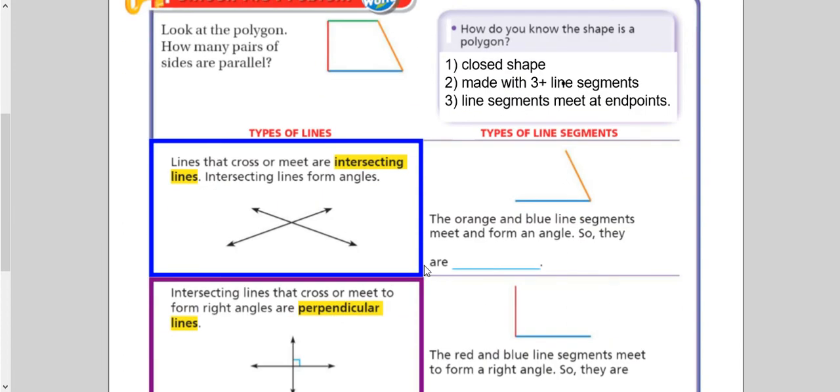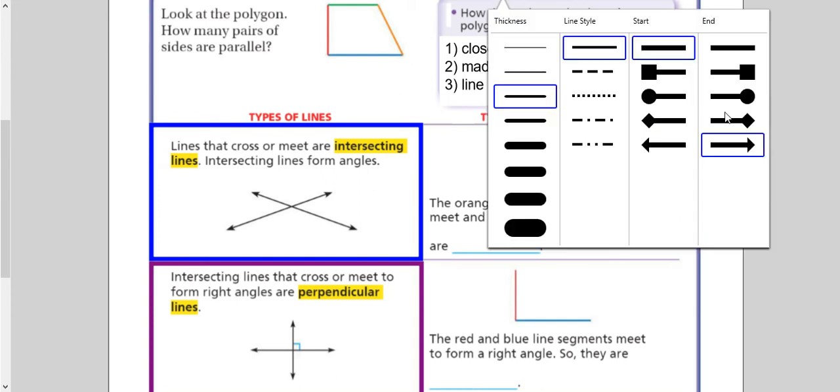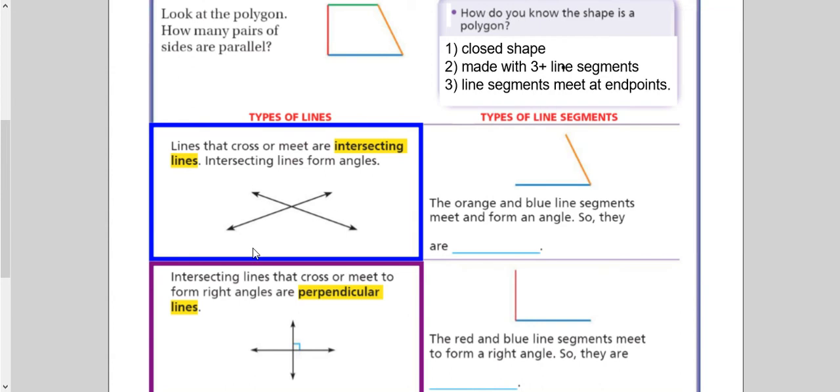Now, let's take a look at some different types of lines. All right. Lines that cross or meet are called intersecting lines. Intersecting lines form angles. So right here on this one, when we have two lines, I'm going to go ahead and get arrows on the end of those.